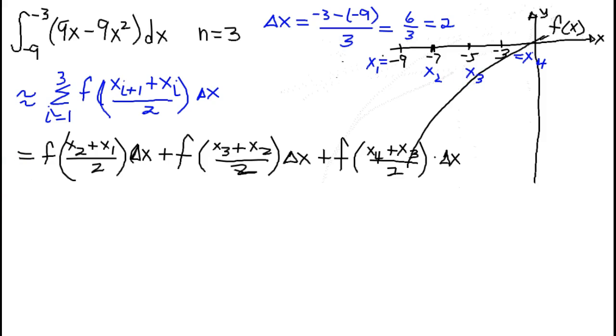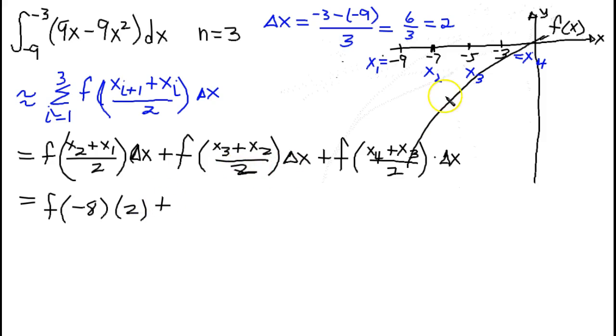Alright, so let's see what these values are. x sub 2 plus x sub 1 is negative 9 plus negative 7, that gives me negative 16 over 2, which gives me f of negative 8, times delta x, which is 2.